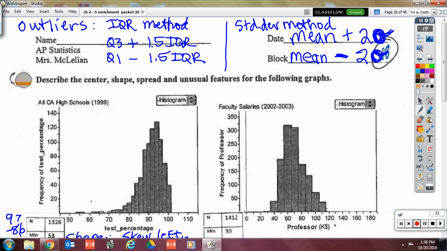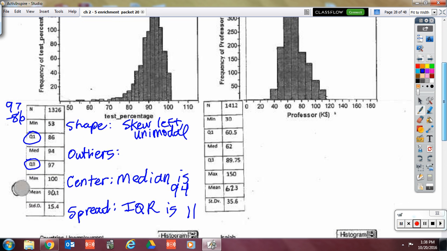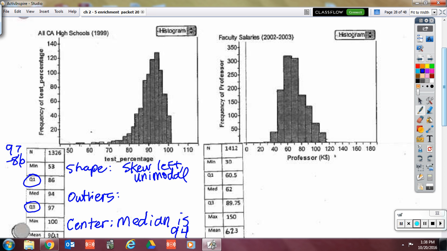Okay? All right. So which are we dealing with on this one again? The IQR fences. Okay. So we're going to calculate those. My upper fence, I'm just going to make myself a note. My upper fence is going to be 97 plus 1.5 times 11. And somebody's going to calculate that for me. My lower fence will be 86 minus 1.5 IQRs.